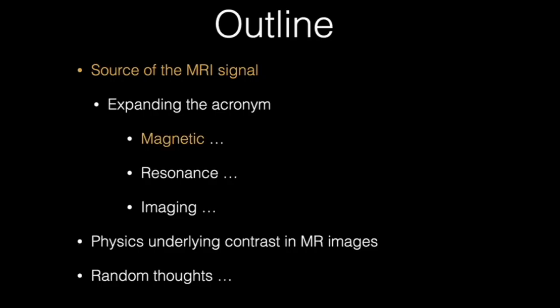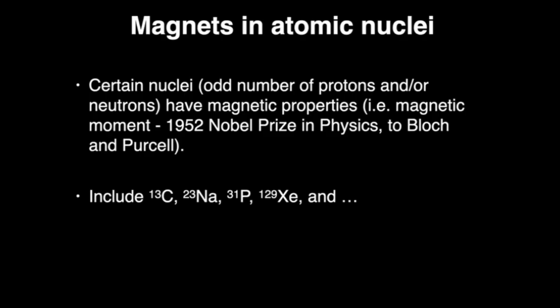So for the source of the signal, let's start with the magnets. Turns out that a few atomic nuclei have properties where they can be thought of as tiny magnets. The Nobel Prize for this was awarded back in 1952.